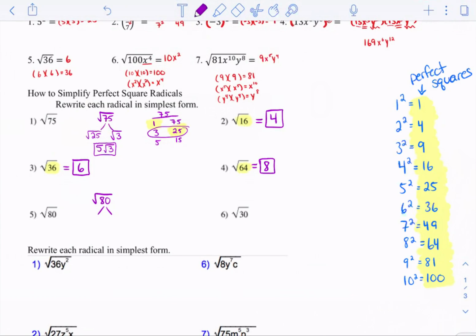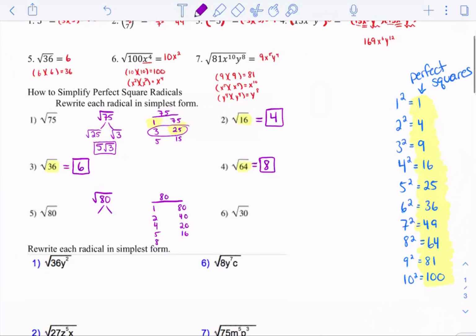So now that I'm in the table, I'm going to write down my factors of 80. I have 1 times 80, 2 times 40, 4 times 20, 5 times 16, 8 times 10, and that is all. Now if I look here, how many of them are perfect squares?